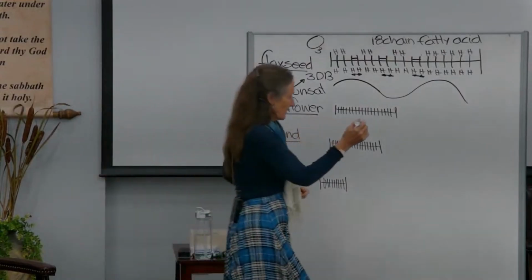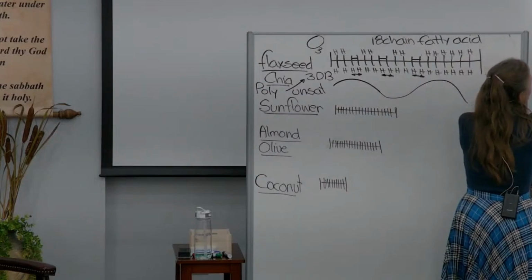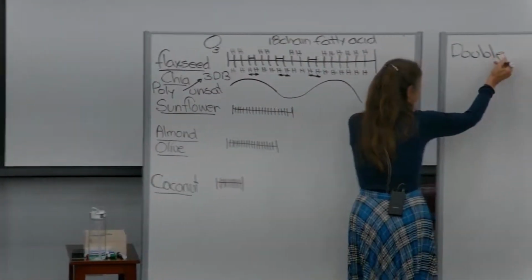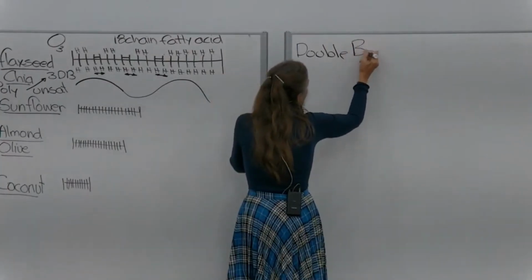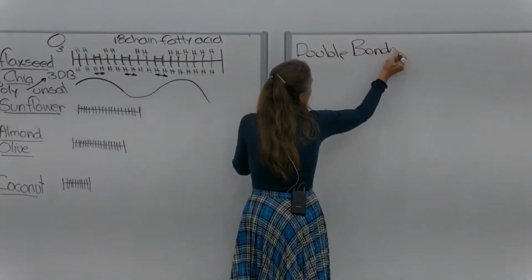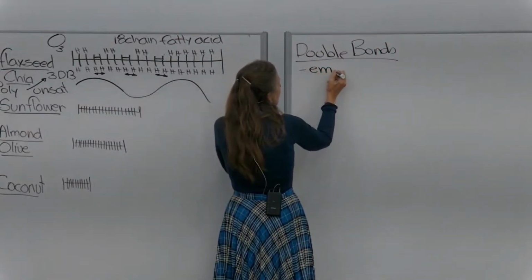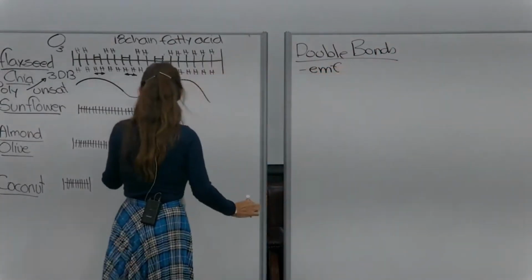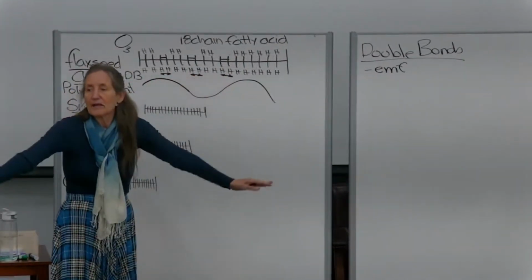So I'd like to have a look at the effect of double bonds in the body. And this also explains why it is such an amazing oil. What's the effect of double bonds? When we eat this oil, it creates an electromagnetic field. So this electromagnetic field is what's created when these 3 repel each other.